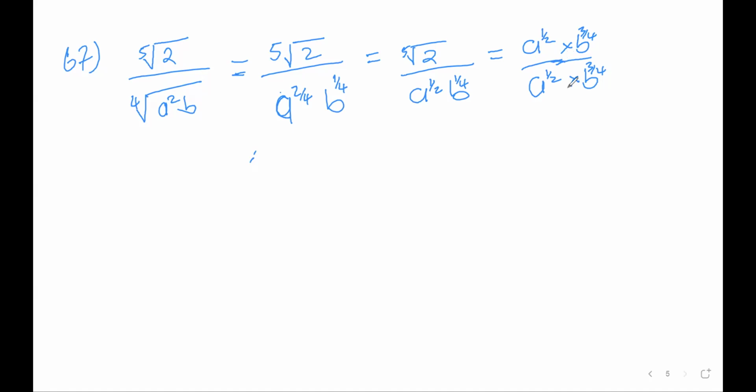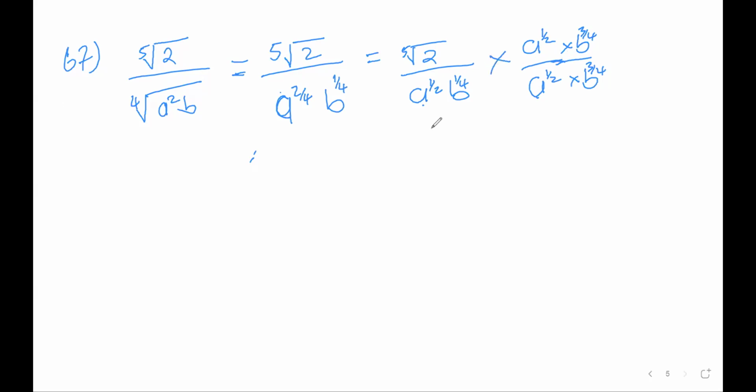Once we have this, the next thing we can do is apply our law 1 to same bases. This base and this base are the same. This is not equal to, we are actually multiplying here.